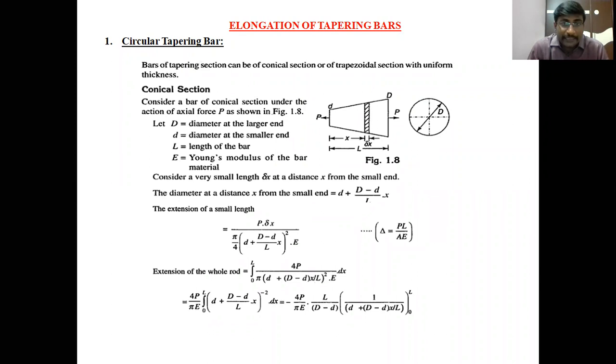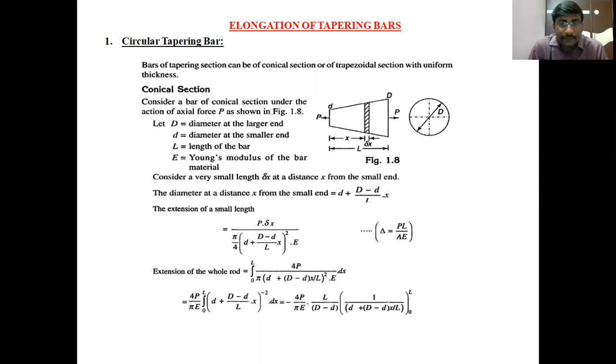That formula, delta L equal to PL by AE, has three limitations. In the last class, I noted that three limitations are there for that formula. What are those? The load must be axial is one of the limitations. Another is the area must be uniform. The area must be uniform, then only PL by AE can be applicable.